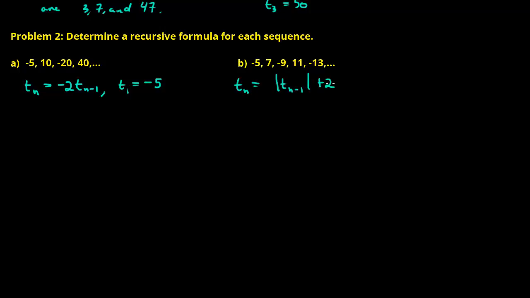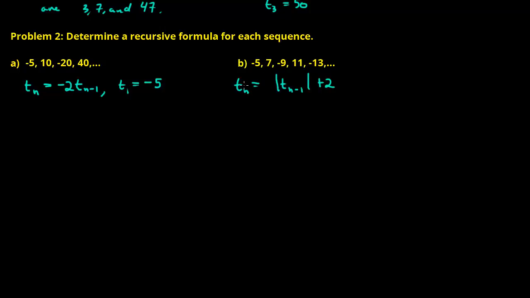And then if we add 2, we get 7, which is correct. If we take 7, take the magnitude of that, and add 2, we get 9. If we take the magnitude of -9, we add 2, we get 11. So here the magnitudes are correct. Now we just have to deal with the signs of each term.